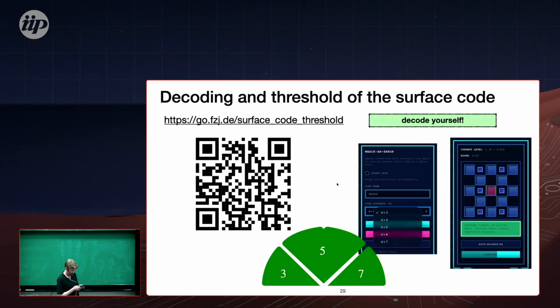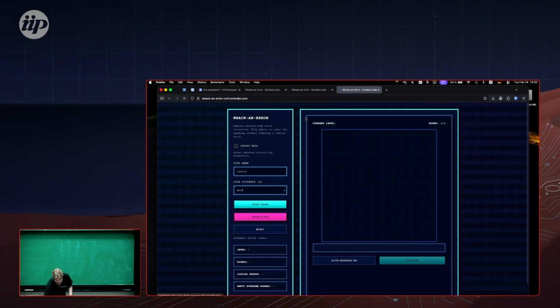You can also look at it, it's like on show stats. Okay, I'm waiting for a little bit more statistics. I will also play here.